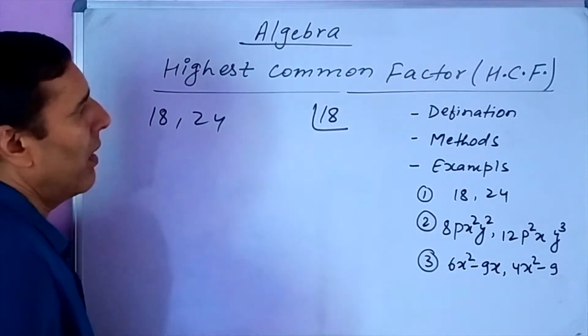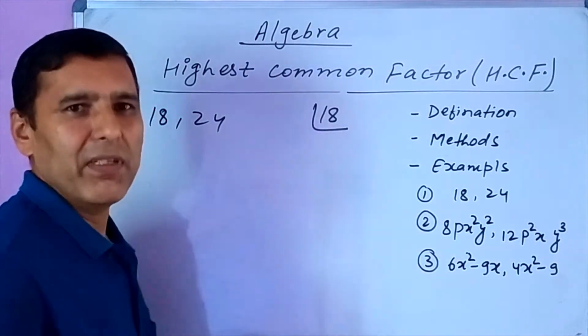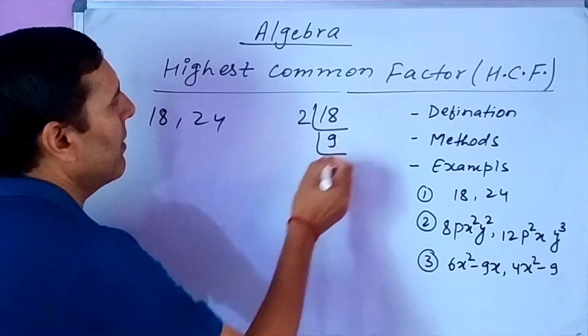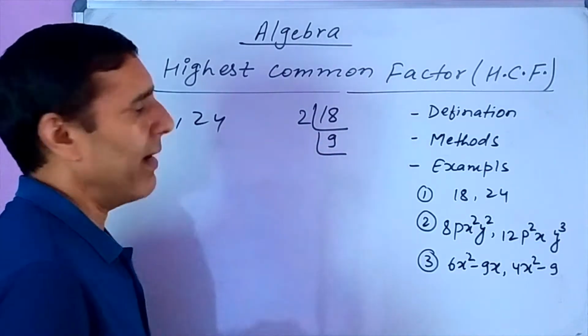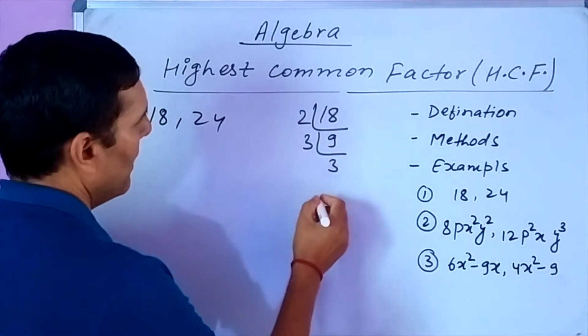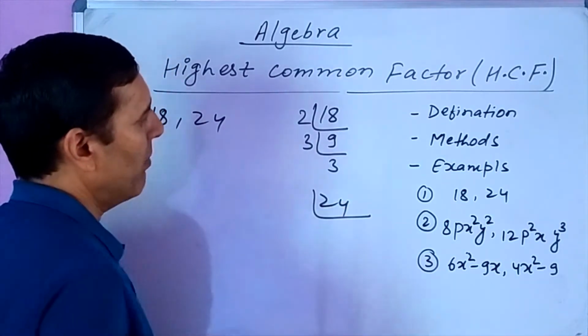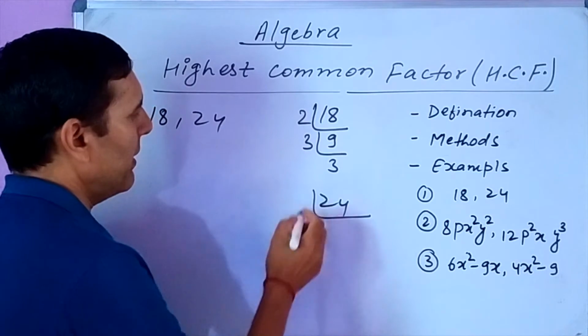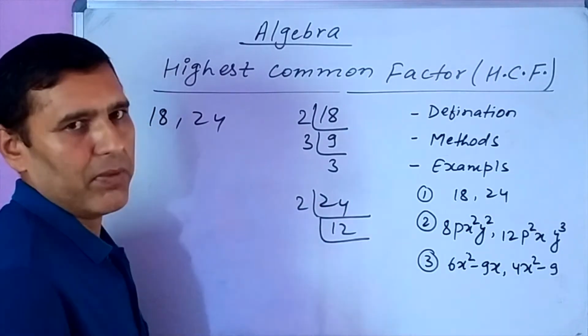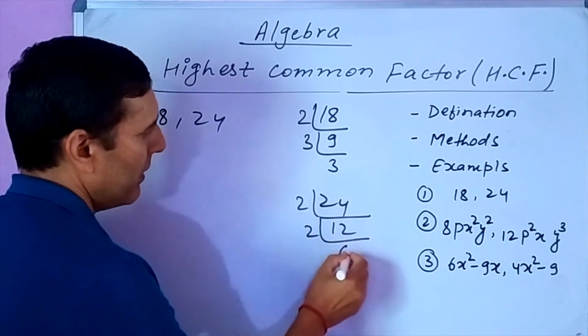18 being an even number, it is divisible by 2. So 2 nines are 18. Now 9 is divisible by 3. 3 threes are 9. Similarly 24 is also an even number, it is divisible by 2, 12 times. Again 12 is divisible by 2, 6 times.